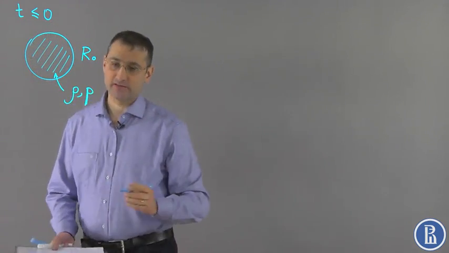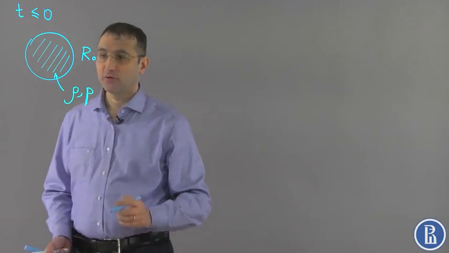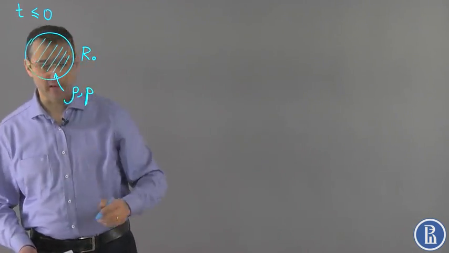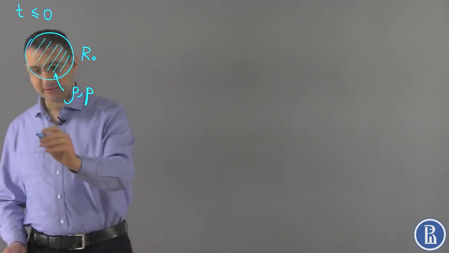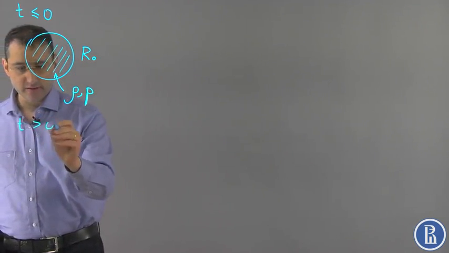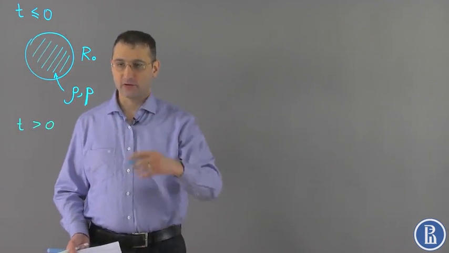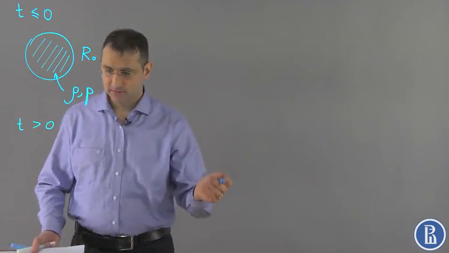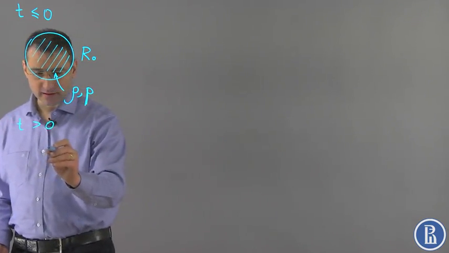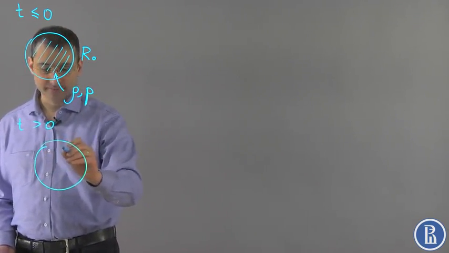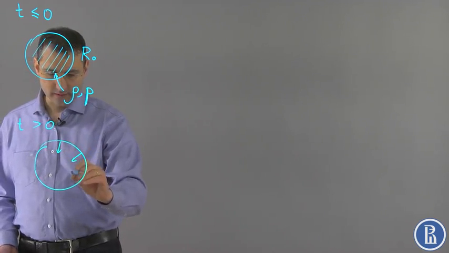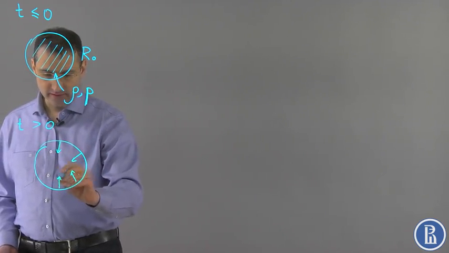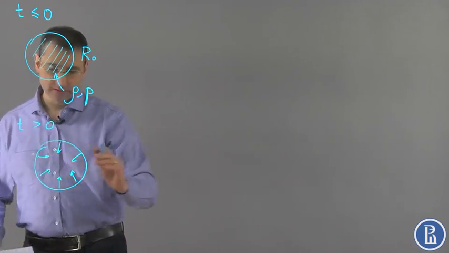Say the pressure is due to thermonuclear reactions that are going on inside the star. And for t greater than 0, the thermonuclear fuel is spent entirely, and the collapse starts. So the ball starts to shrink.